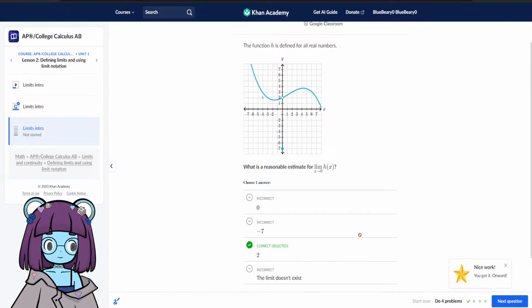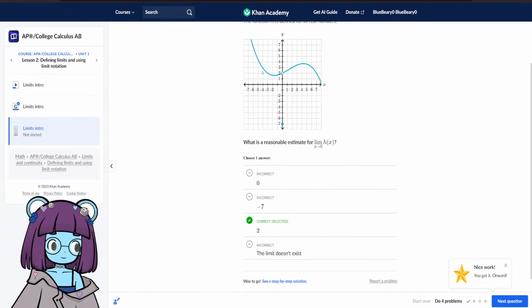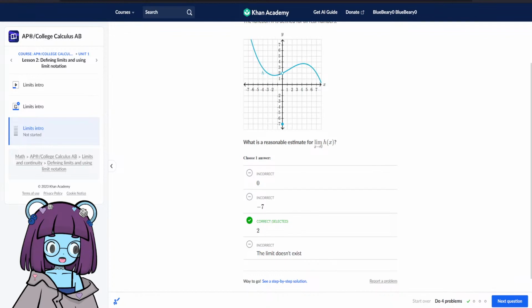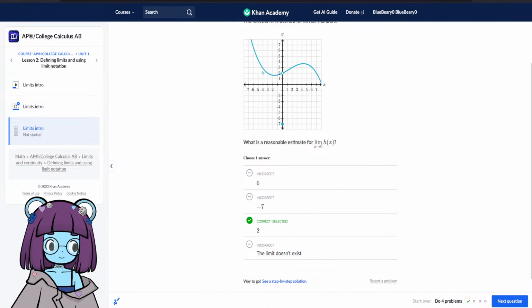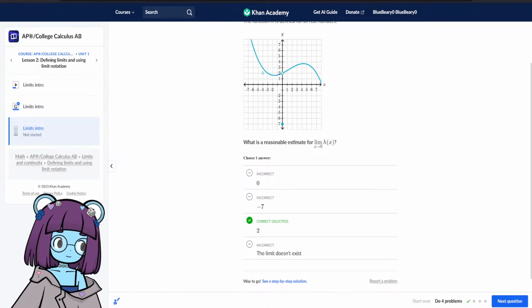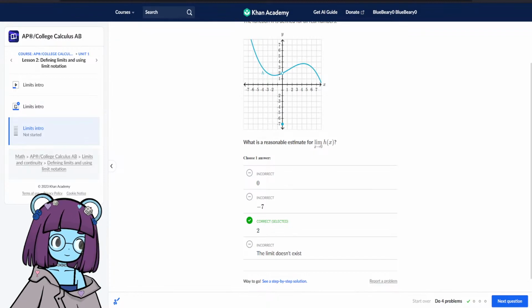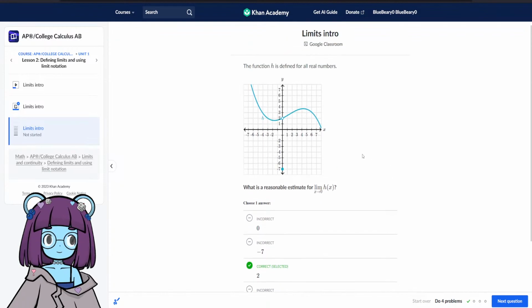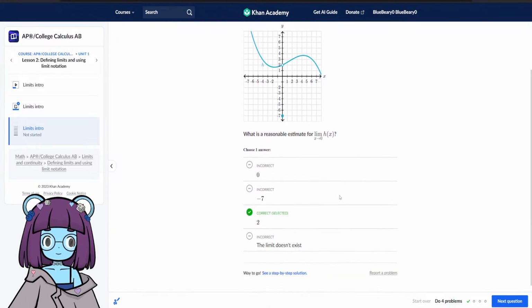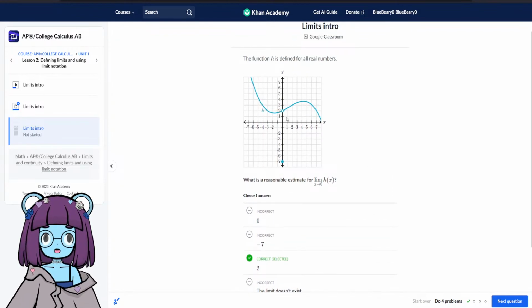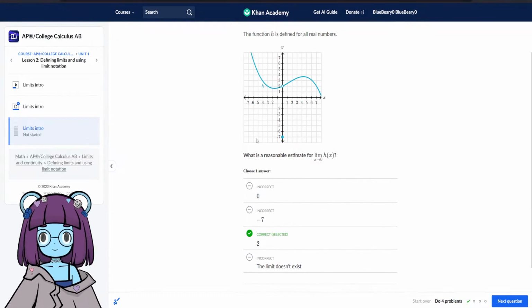Check. Oh god, that was so loud. Okay, sorry. I need to lower. That genuinely scared me. I need to lower down my volume. Correct! Yay! Does chat understand why it is equal to 2?